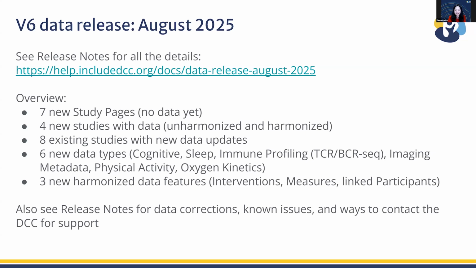We've got 6 new data types like cognitive measures, sleep data, TCR and BCR sequencing, etc. And then we have some new features in our harmonized data. So the release notes also have a section at the end where we have listed some corrections to previous data releases, some known issues that we're working on fixing, and then ways to contact the Include DCC for support.